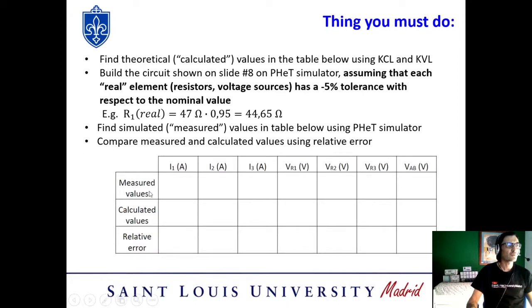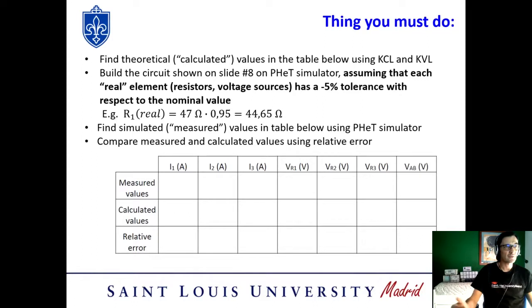Then you want to measure the values of these corresponding currents and voltage drops. How do you do this? Well, you have to use the simulator, and in order to mimic somehow the real elements, what you have to do is to modify the values of the elements, having a minus 5% tolerance, meaning that, for instance, the first resistor should have a theoretical value of 47 ohms.